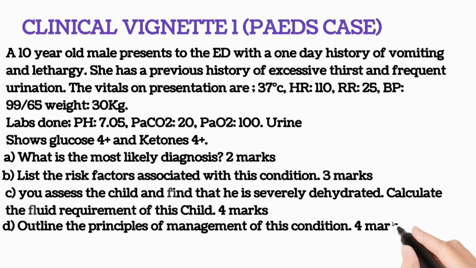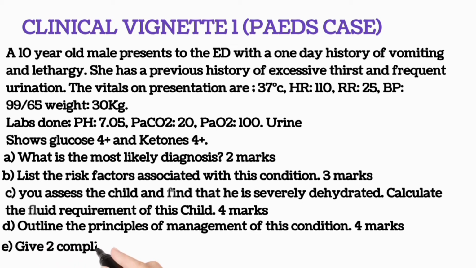So if you go through this, this patient has history of vomiting and lethargy. She also has excessive thirst and frequent urination. So we have our polyuria and our polydipsia. Then we also have vomiting and being lethargic. Then on the lab values there, according to our diagnostic criteria, we have the acidosis there.